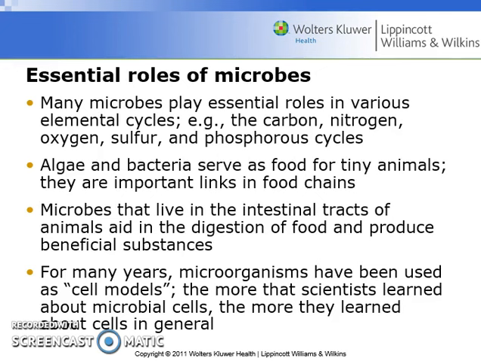We need them to survive as well, as do a lot of other living organisms. So microorganisms play a great role in ensuring the presence as well as the utilization of these specific chemicals.